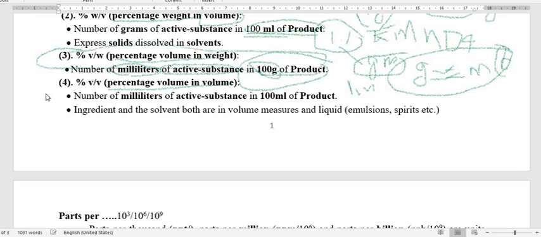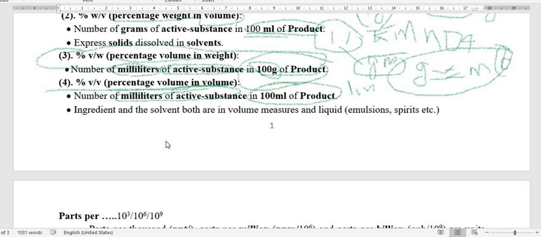Now we have to go through the last one under the percentage strength, which is the percentage volume by volume. So what it means: the active constituent is in ml, as well as the final volume when you are dissolving it, which is also liquid, so ml is also there.